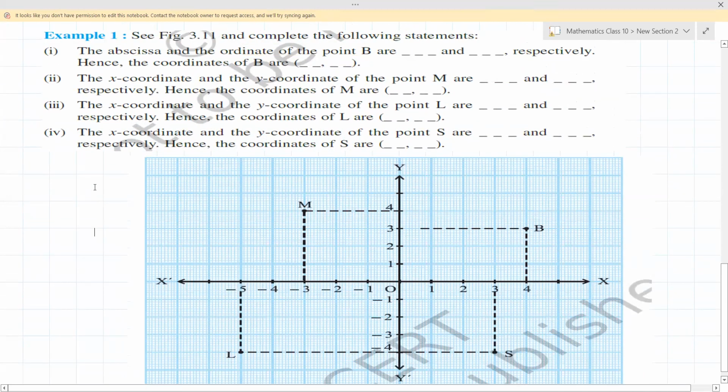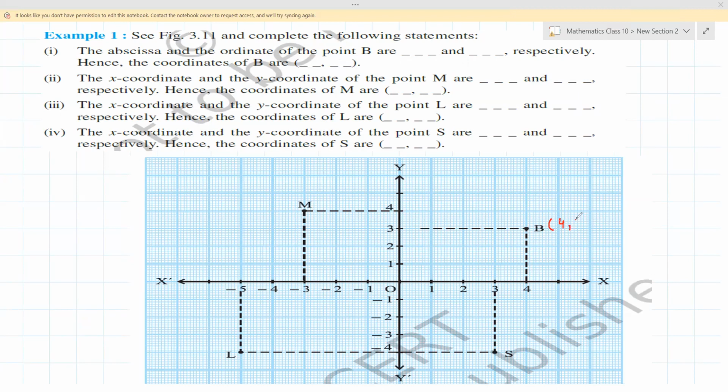Now see the figure and complete the following statements. The abscissa and ordinate of the point B are. Now where's my point B? This is my point B, right? So how much is the abscissa? Zanab? 4. Yeah. Okay. And ordinate? 3.